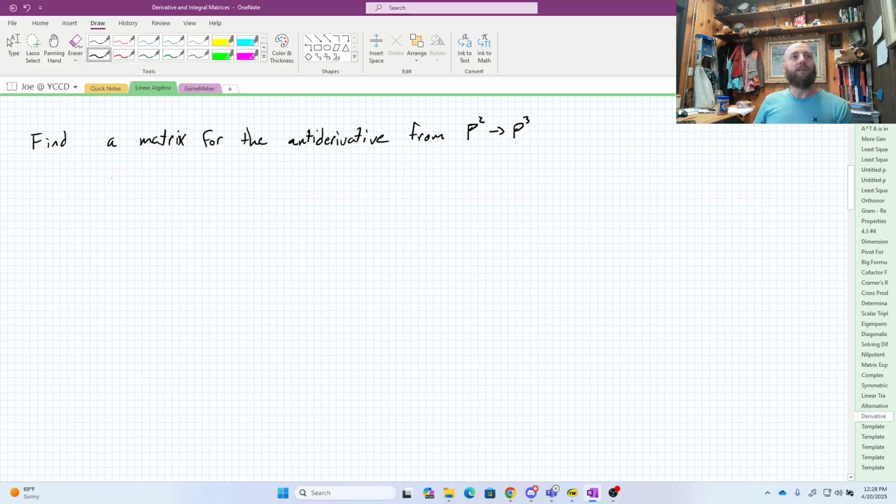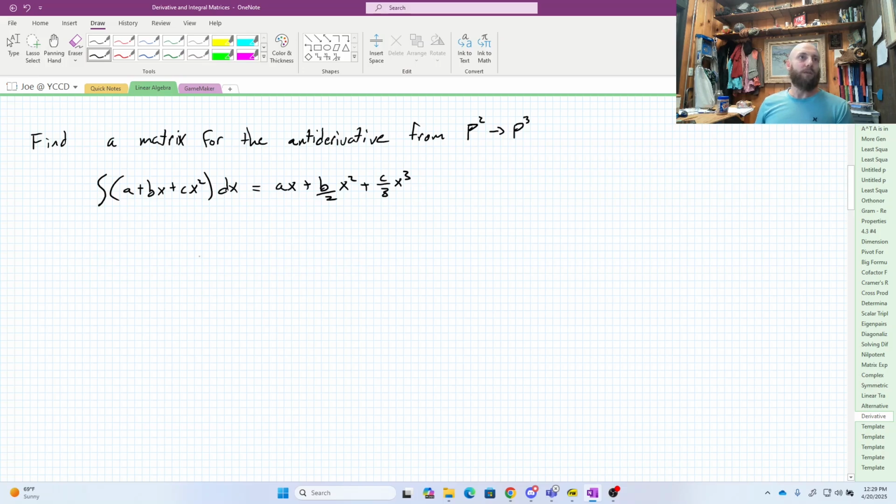So I'm going to think to myself, all right, what happens when I integrate a plus bx plus cx squared dx? Well, out of that I get ax plus b/2 x squared plus c/3 x cubed, right?